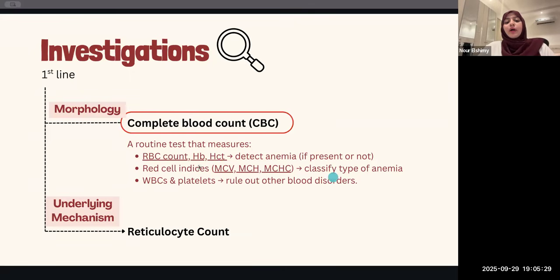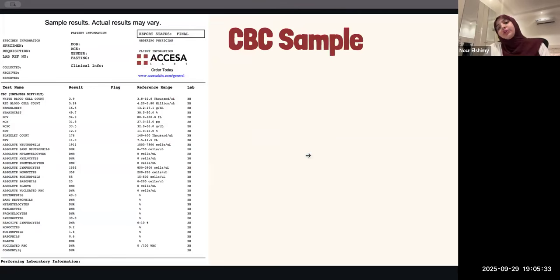So let's start off by talking about the complete blood count. You have a patient in your clinic or whatever, and you are suspecting anemia. Okay, so what are you going to do? Your first thing, you're going to order a CBC. This is the first thing we do as physicians or doctors to be able to diagnose someone. So when you run the CBC, you're going to have something that looks like this.